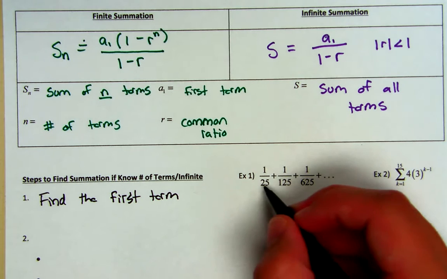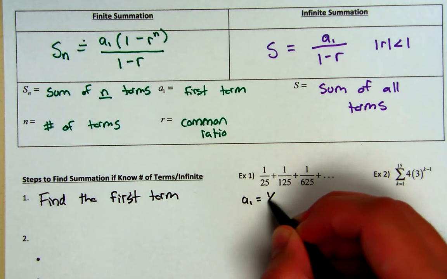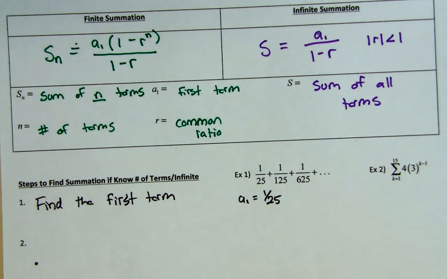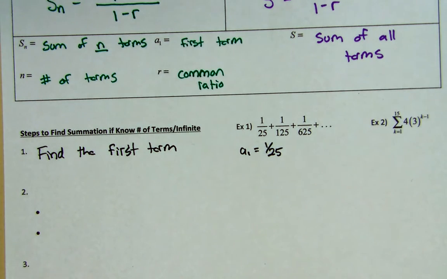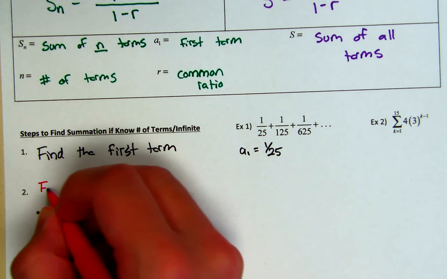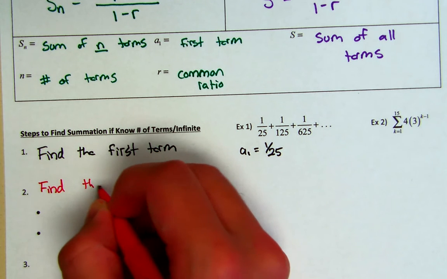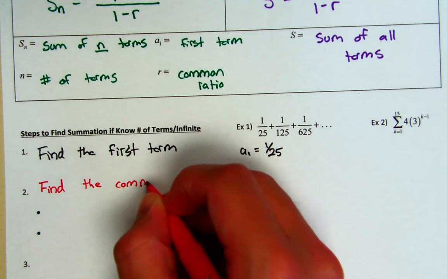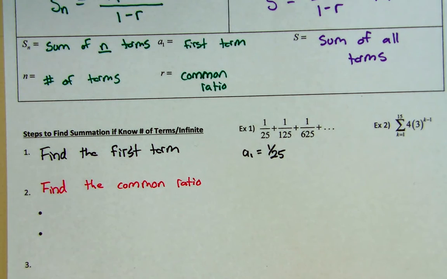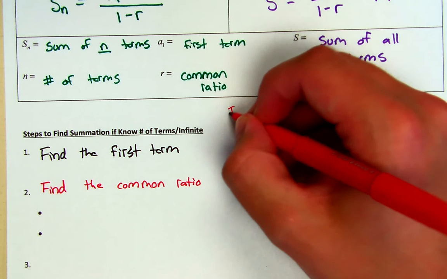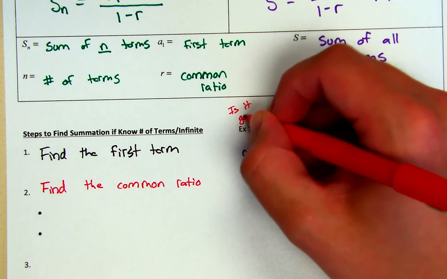So example 1, first term, a1 equals 1 over 25. It's usually the easiest thing to find. Step 2, we need to find the common ratio, if there is one. So first, let's figure out if this is even geometric.